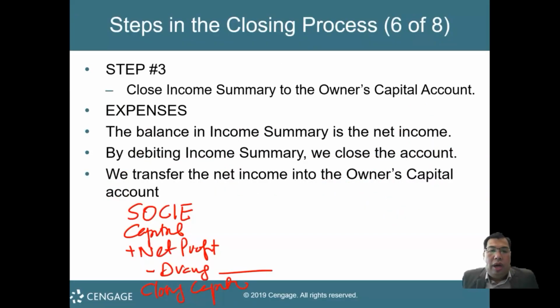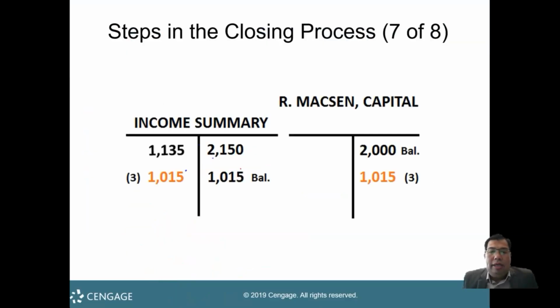So how to do this is, the balance in income summary is the net income. So we are going to close this account by debiting the income summary, and then we're going to transfer that net income to the capital or owner's capital account. So this is your balance in the income summary. This is the revenue, this is the expense, and the difference is 1015. This is the profit.